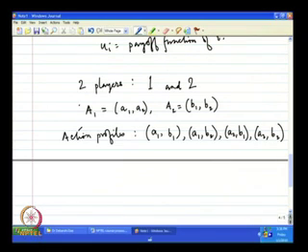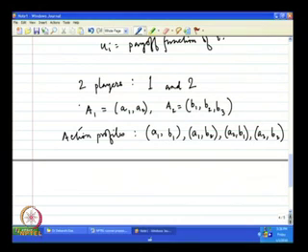If it had been the case that instead of b1, b2, we had a third action for player 2, then the number of action profiles would have gone up to 6, because then the first position could have been filled up in 2 ways, the second position in 3 ways. 2 multiplied by 3 is equal to 6.